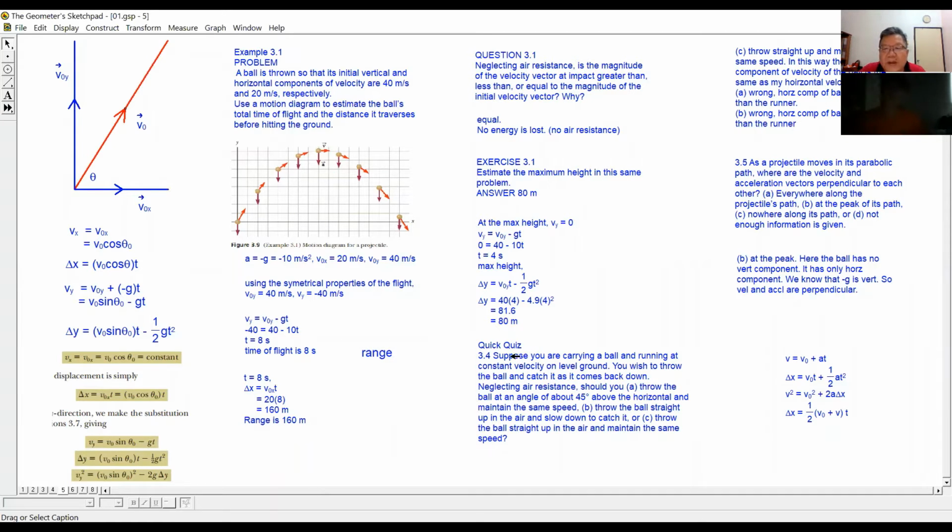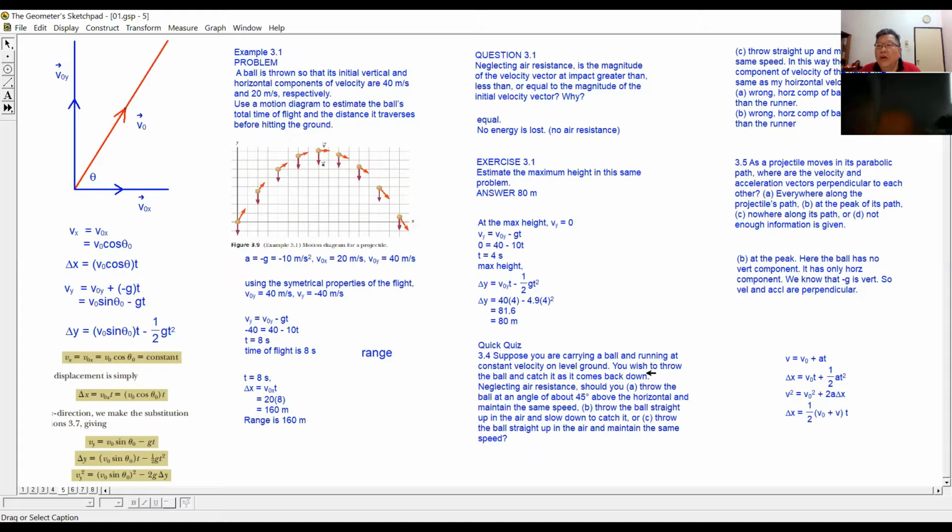Now, suppose you are carrying a ball and running at constant velocity on ground level. You wish to throw the ball and catch it as it comes back down, neglecting air resistance.